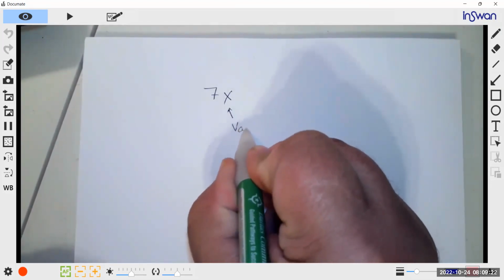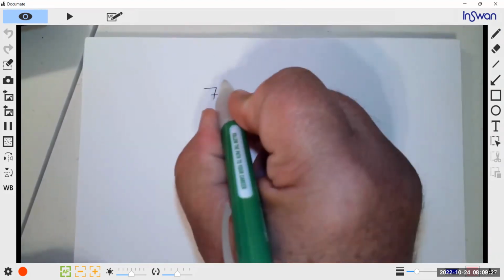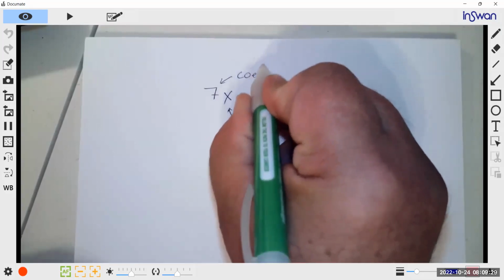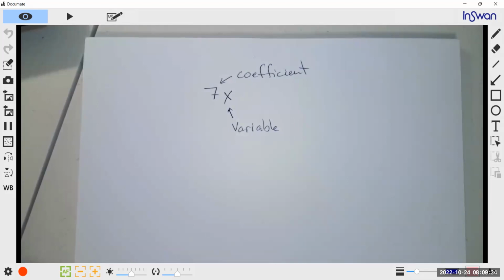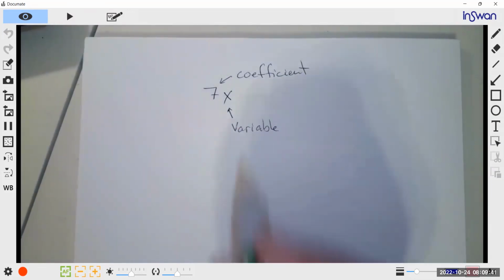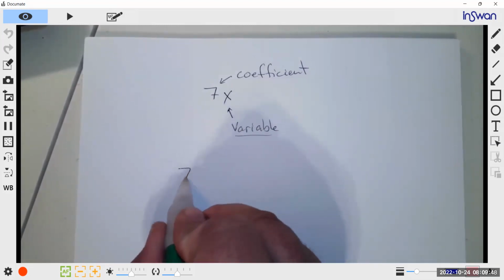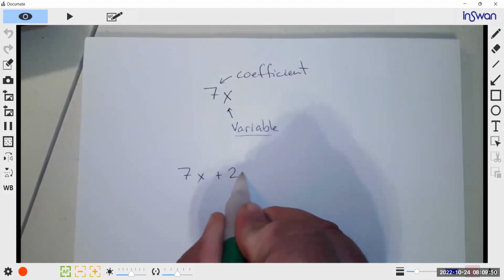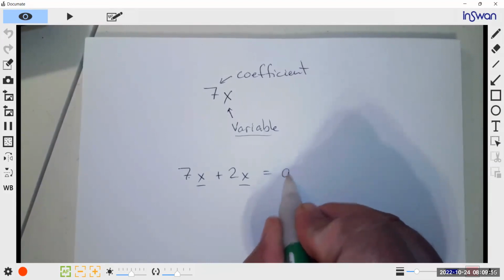This x is called a variable, and the 7 is called the coefficient. Right, so that's how you read these things. So you have to make sure the variables are identical in order to combine the coefficients. The variables are the same, so we add the coefficients.